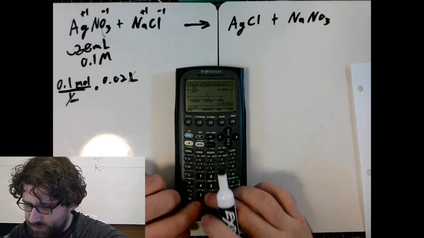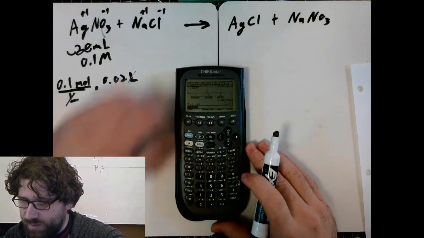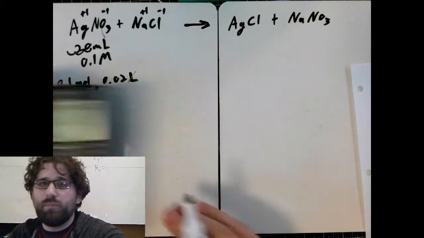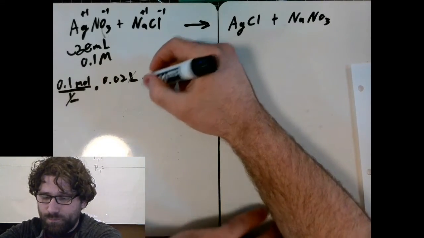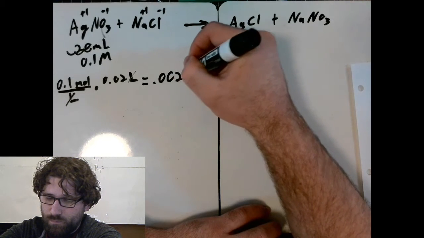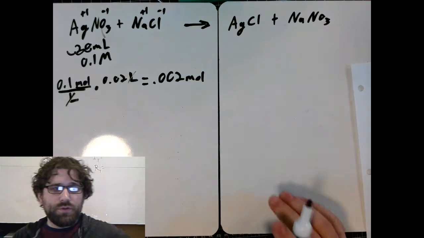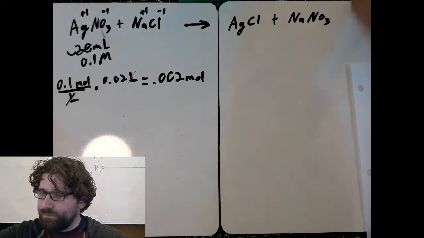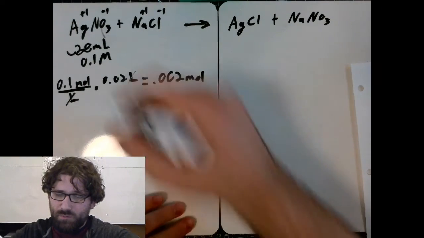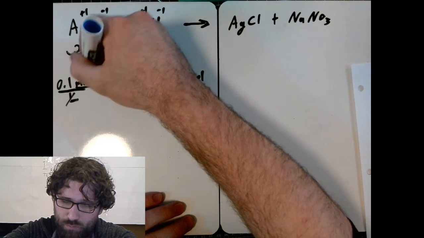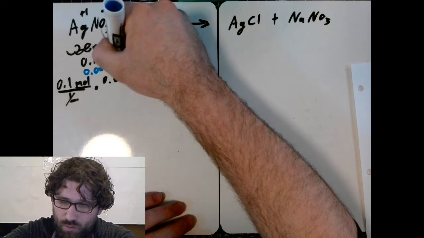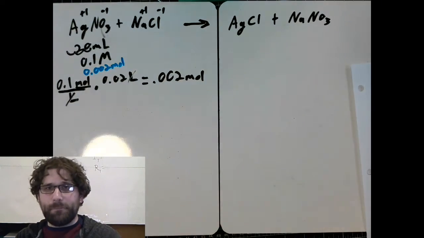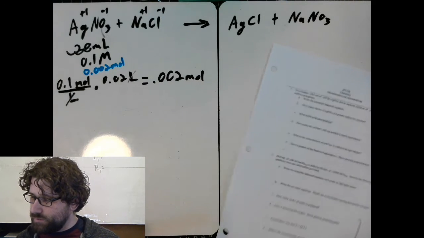That will give me 0.002 moles of silver nitrate to start with. Let's write this in another color, keep track of it a little better. It's going to be 0.002 moles. All right.